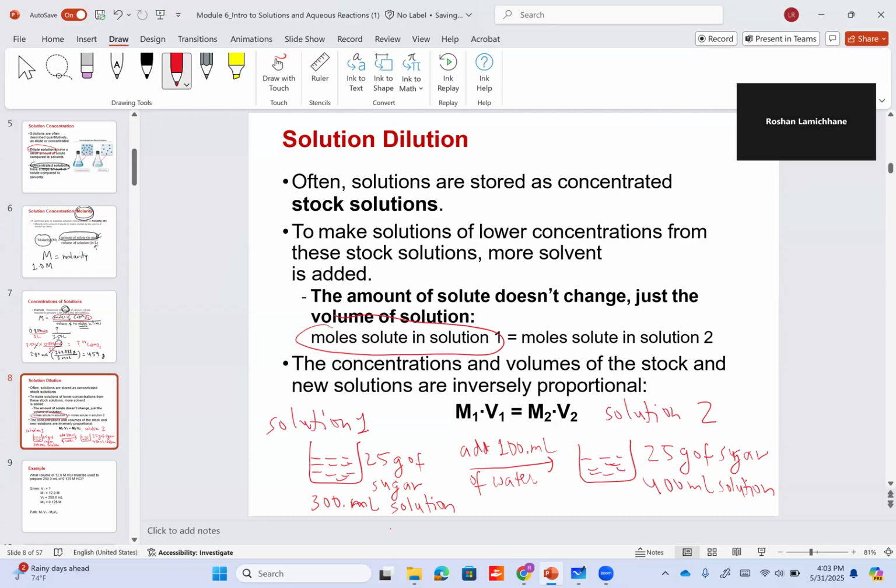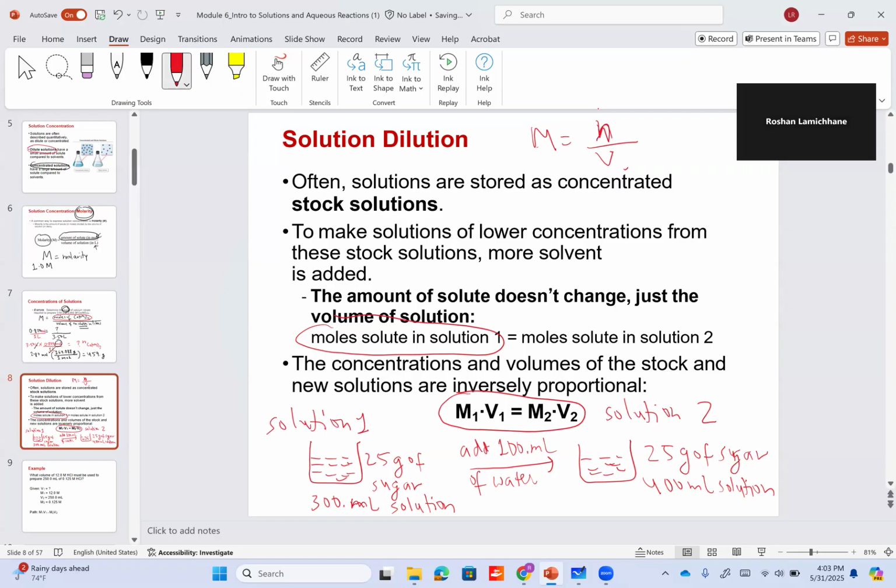Now remember, my formula for molarity equals number of moles over volume in liters, right? That means my number of moles, n, equals M times V. If the number of moles n are equal in both solutions, this equation holds true, right?